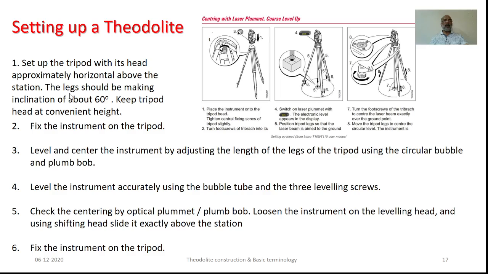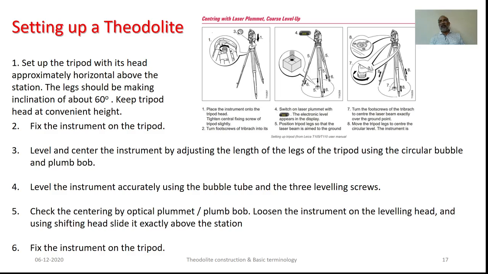The attempt should be made to have the legs making an inclination of 60 degrees with the horizontal. Also, depending on the height of the surveyor, the tripod should be set at some convenient height. Then, as you see here, there is a threaded housing.